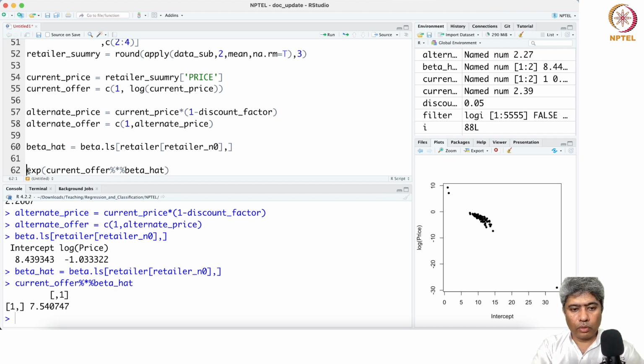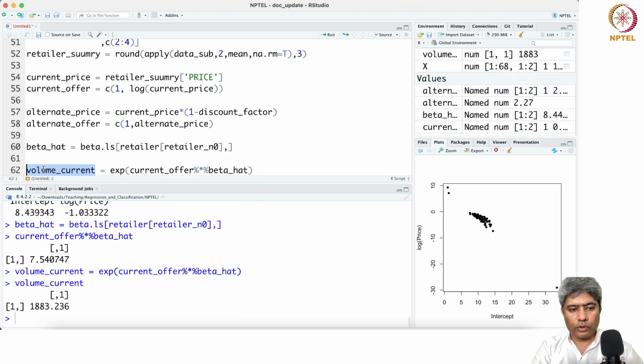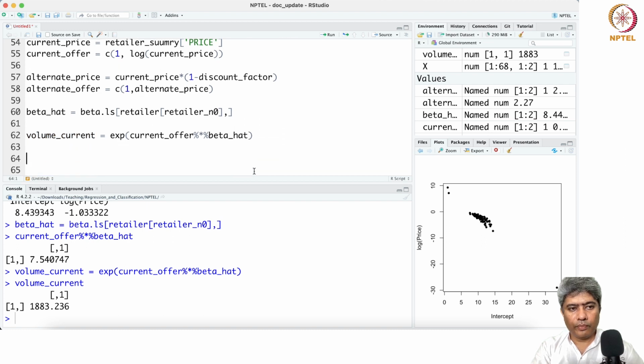So volume, current sales. Okay. So you're expected to make a sale of 1883.